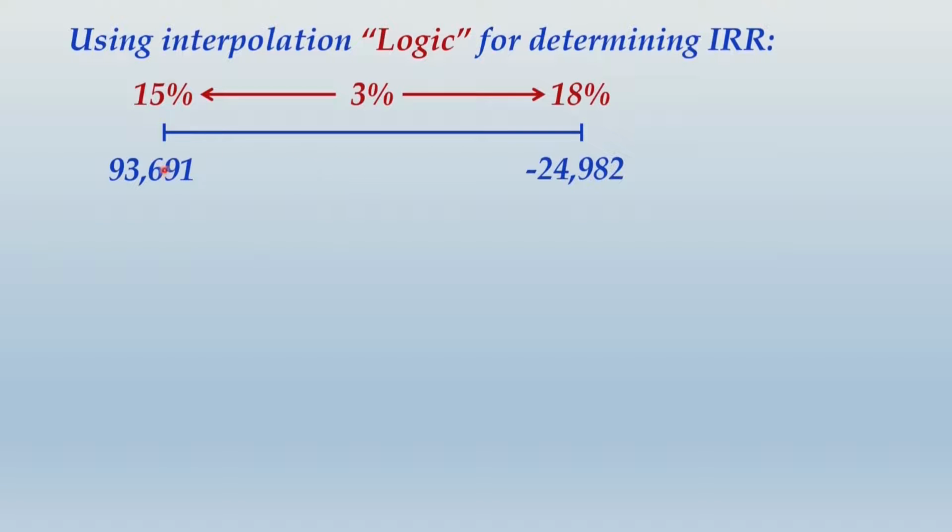So from 93,691 to 0, the gap itself is 93,691, and from 0 point you will further go to negative 24,982, which increases the gap. So gap between these two numbers will be actually the aggregate of 93,691 and 24,982. The gap comes to 1,18,673.